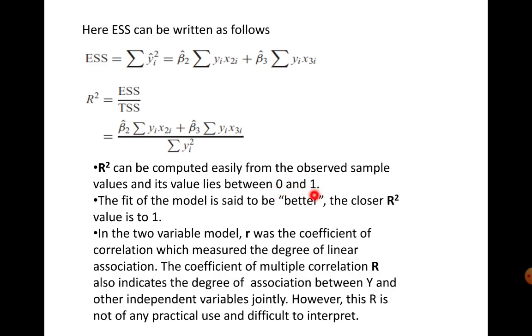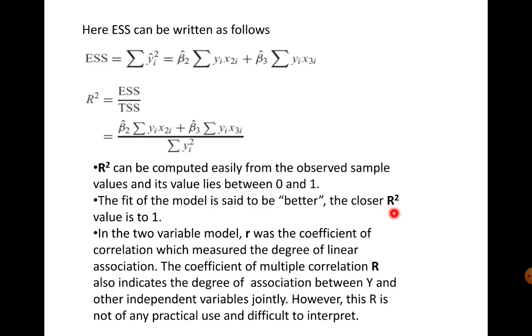On the other hand, if it is 1, that means 100% of these variations are being explained by variations in x2 and x3. So closer the value of r square is to 1, better is the fit of the model.